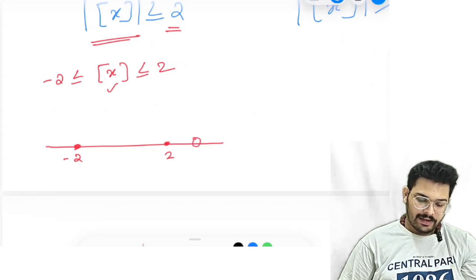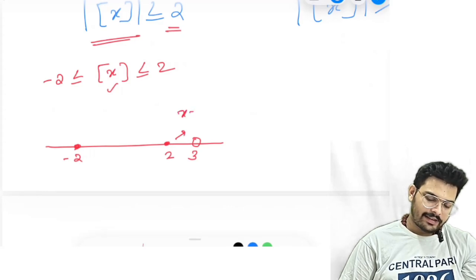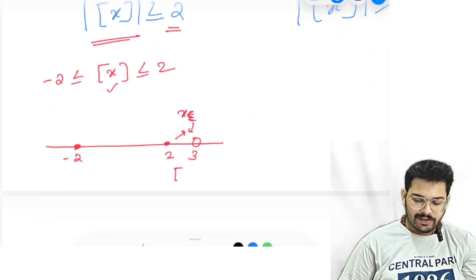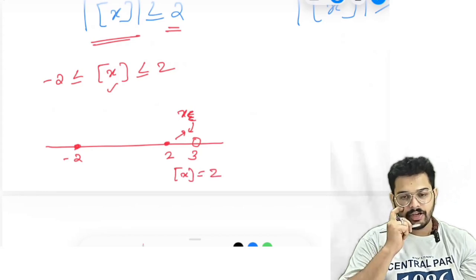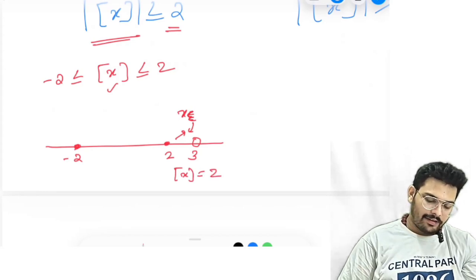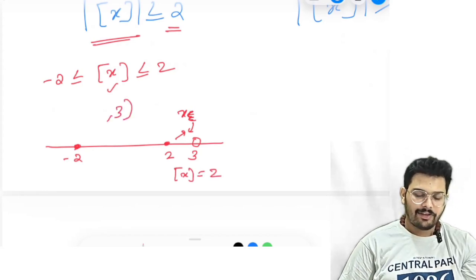Therefore, if you take a number before 3 but after 2, if x is an element in this region, then box x will be 2 only. It won't become 3, which means we can give values till 3, but we can't give 3.